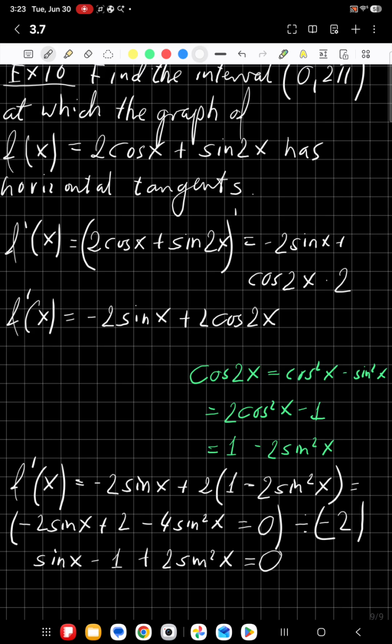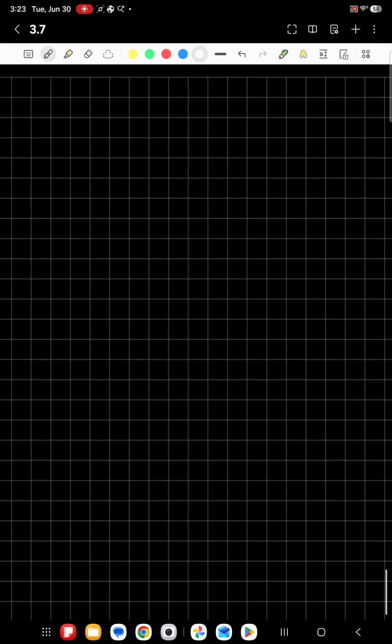So finally, if I write that equation in standard form, we'll have 2 sine square x plus sine x minus 1 equals 0. Right, so we could do a u substitution.